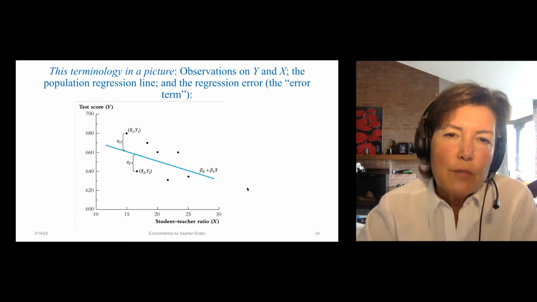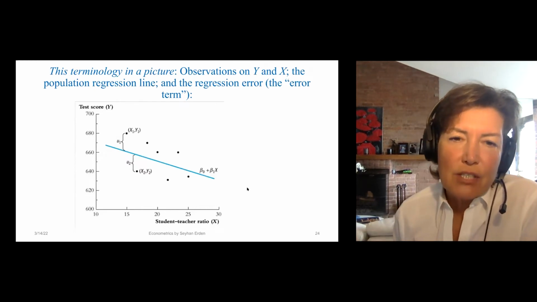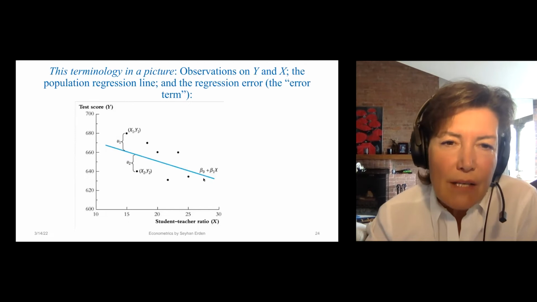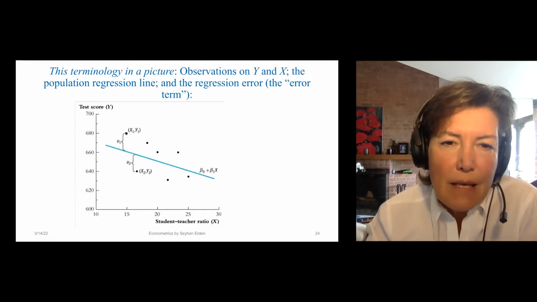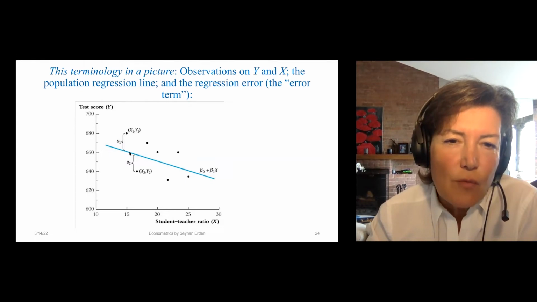So how do we do that estimation? Simply, what we do is draw this blue line by figuring out a way to minimize the distance between each observation and the blue line.